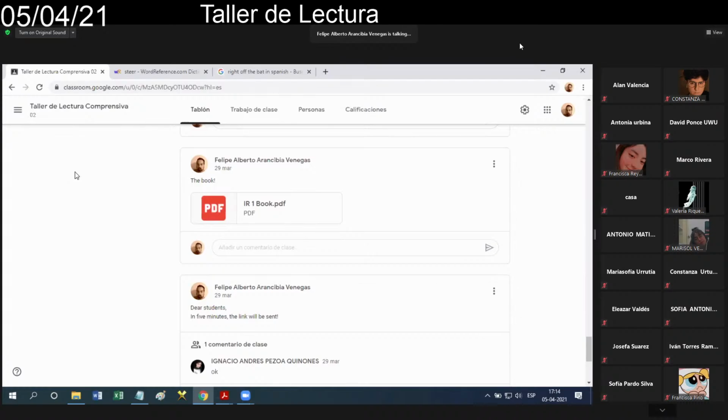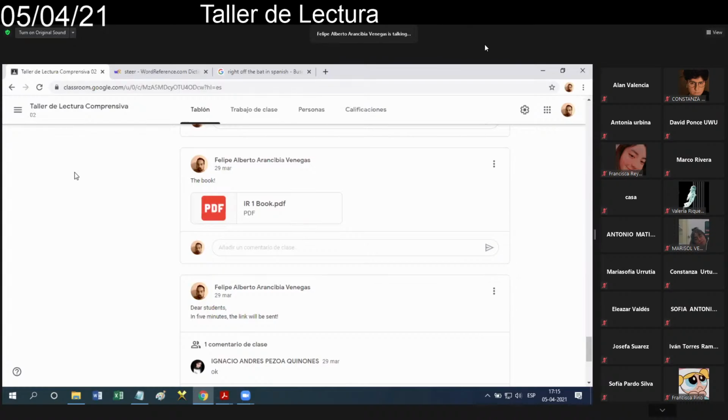Come to an agreement es como llegar a un acuerdo. What do you prefer? Early in the morning or in the afternoon? From 8 a.m. till 2 p.m. or from 2 p.m. to 8 p.m.? In the afternoon. And after that, for example, you vote, okay, so the test will be from 2 p.m. to 8 p.m. Okay, great.